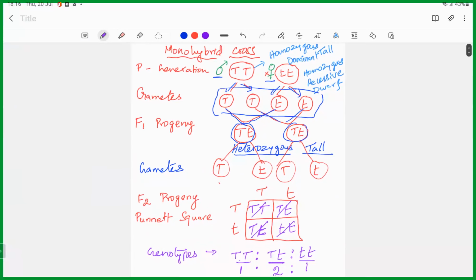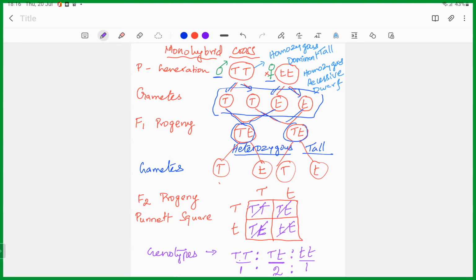Gregor Mendel concluded two laws based on the monohybrid cross. What are the laws?